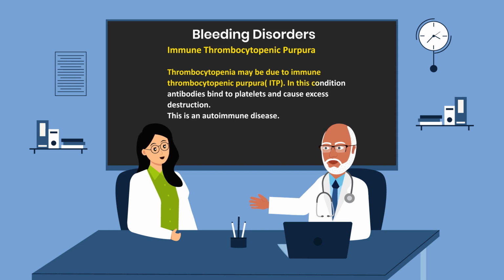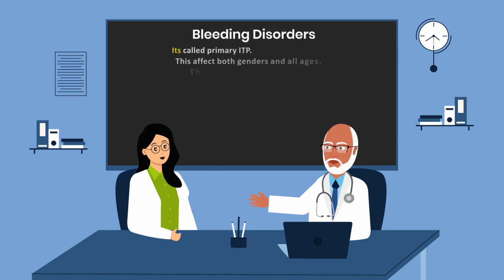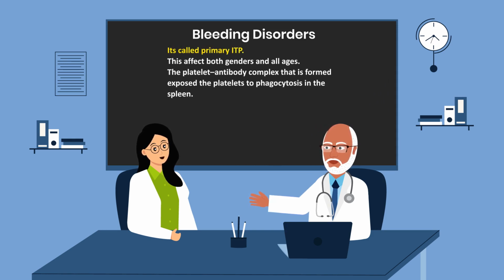In this condition, antibodies bind to platelets and cause excessive destruction. This is an autoimmune disease. It is called primary immune thrombocytopenic purpura. This affects both genders and all ages.